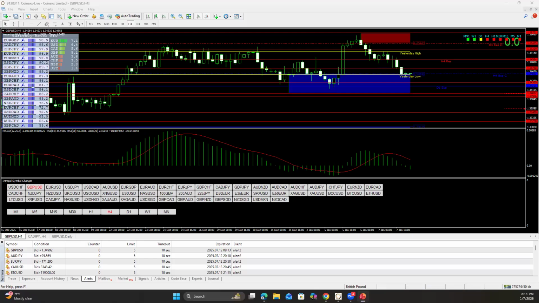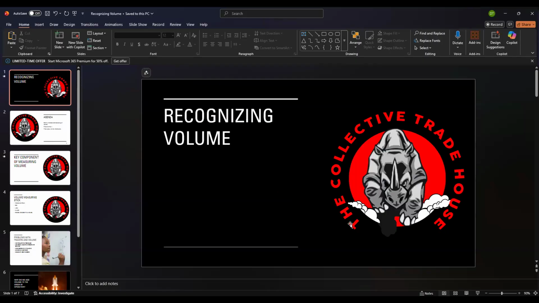All right. So what we're going to talk about tonight is recognizing volume. Normally I'd go right to the movement of price after structure, but because we added volume to the order of operation, we need to discuss it.